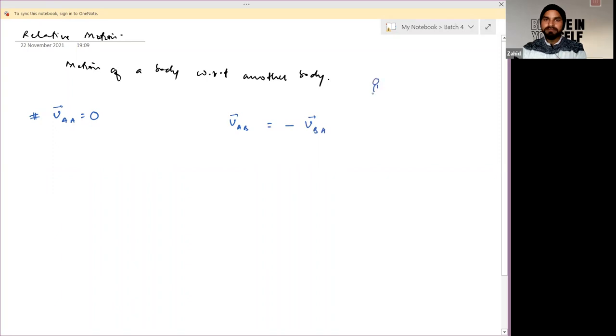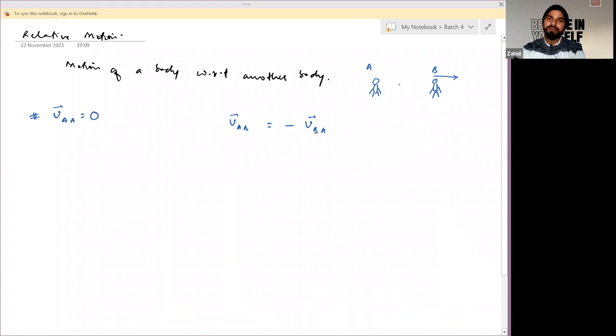Suppose an individual A and another B. B is going along this direction. So A will observe B is going towards the positive x-axis with some velocity in the positive direction. Similarly, B will observe from himself that A is going far from him towards the negative x-axis, or towards the negative direction.